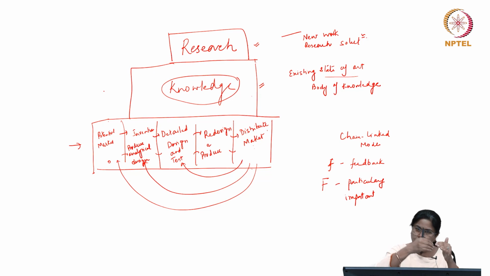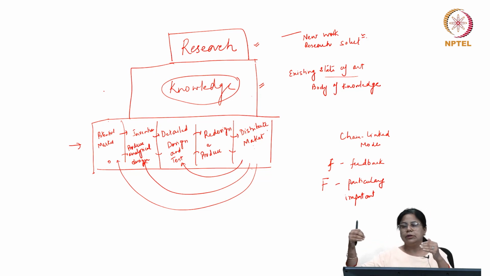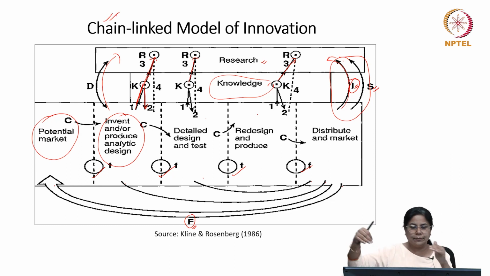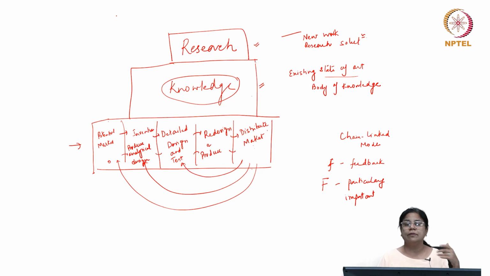So first we said that all the different 5 steps which are engaged are now linked with each other. That is what we have through this C, which is the major reason behind the use of the word chain in the chain linked model. So they are linked. Then, since the model builds on a major critique of the earlier model, that there was no feedback effect present in the earlier model, it introduces feedback.